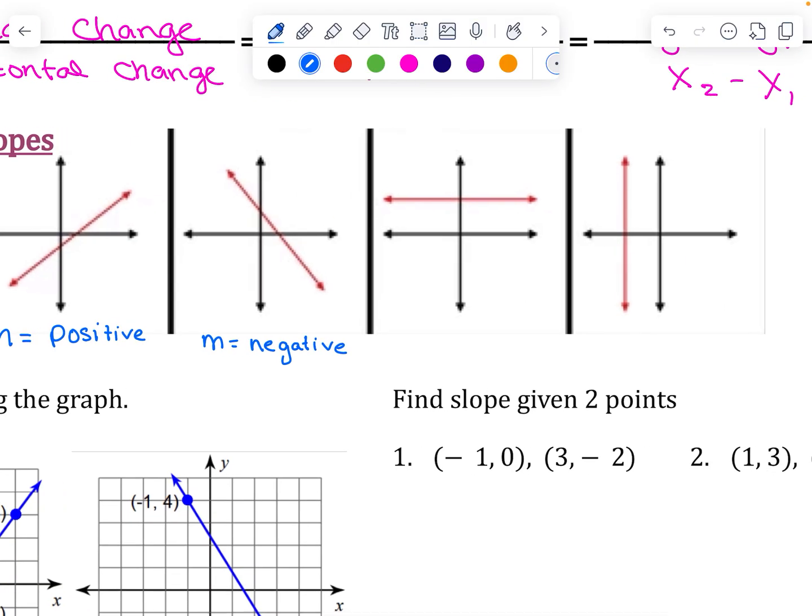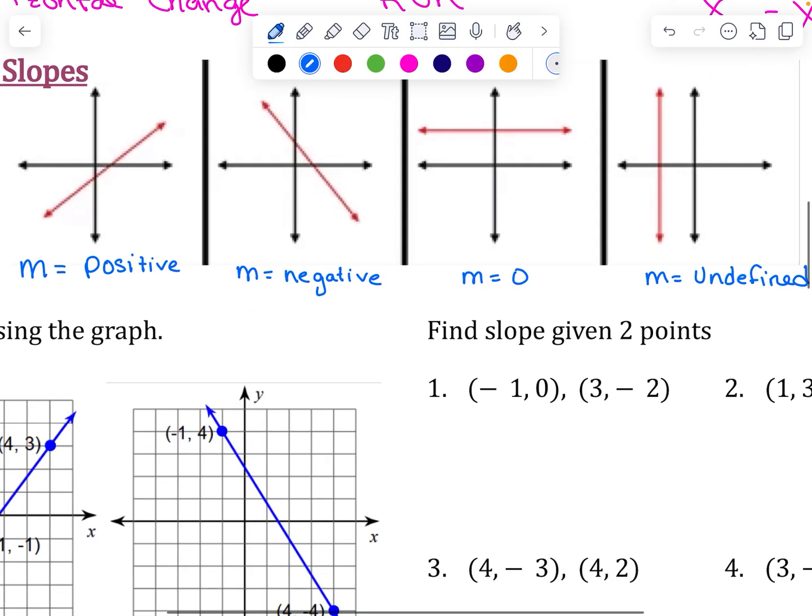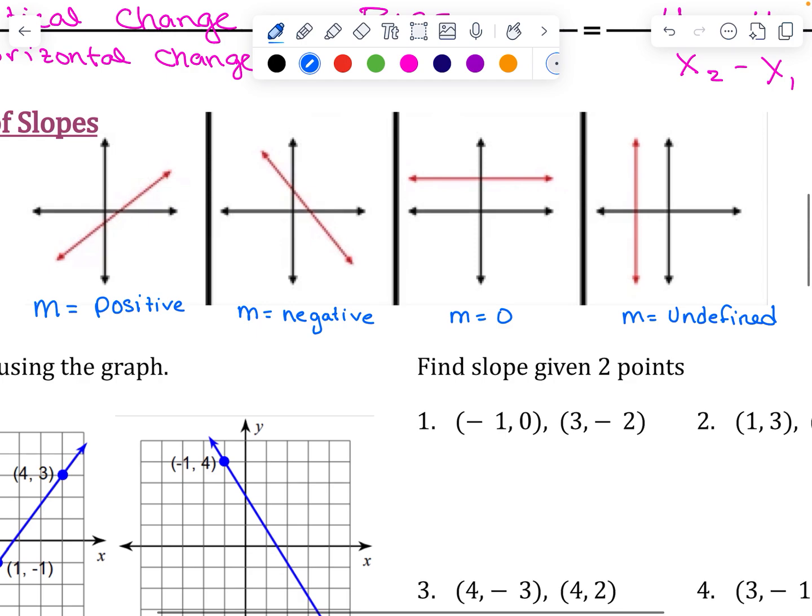If we have a horizontal line, our slope is going to be 0. And if we have a vertical line, our slope is going to be undefined. So those are our 4 types of slope.